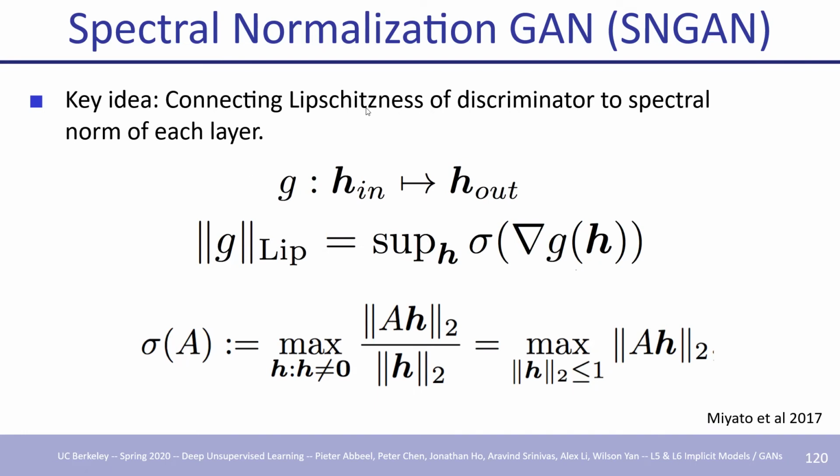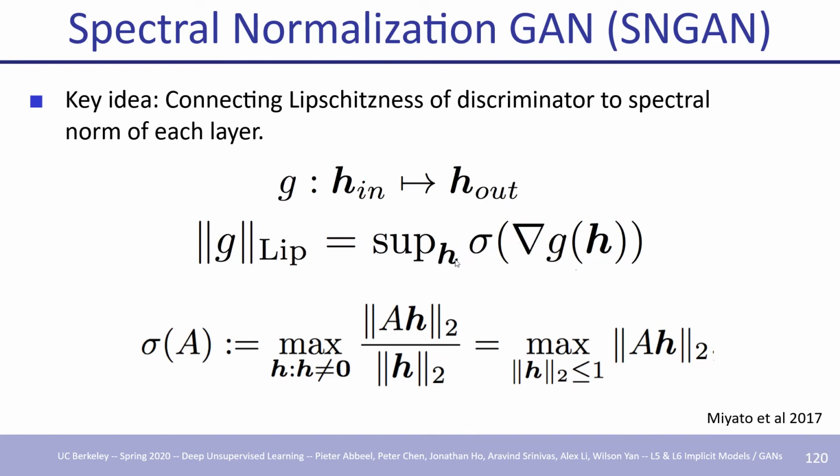Okay, and so this function that takes inputs from one layer to the other one, we can define the Lipschitz norm of this as the spectral norm of the gradient over all of h.